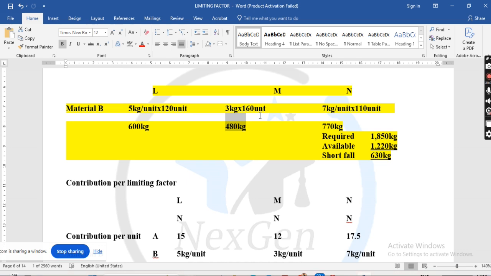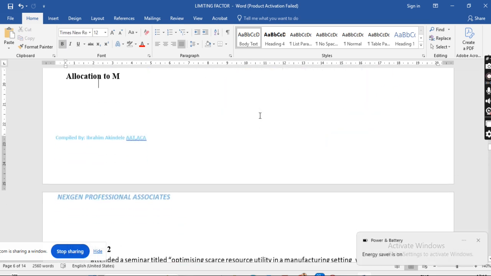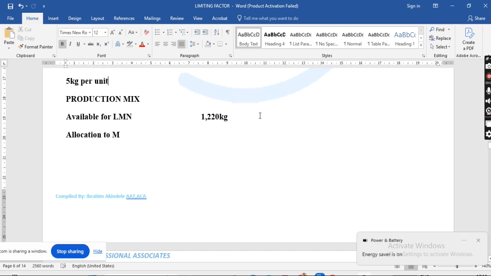We'll have more cash flow from M. So 480 kg to produce 160 units. So we can allocate like that. That is the mix. That is the unit.